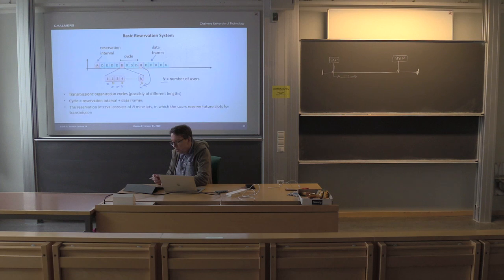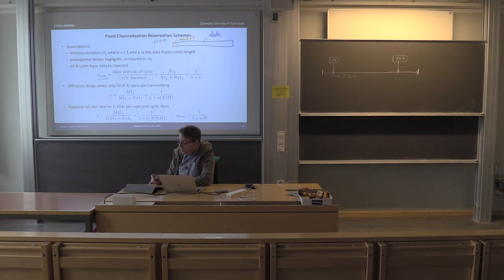So rho is equal to data duration over cycle duration, which is this part. It becomes a little bit messy here, but essentially this. So we want a lot of blue compared to the peach color here.